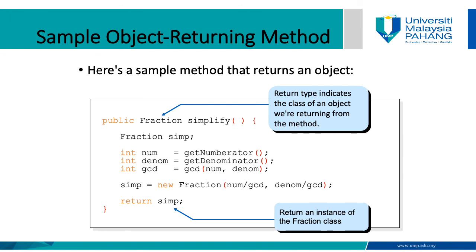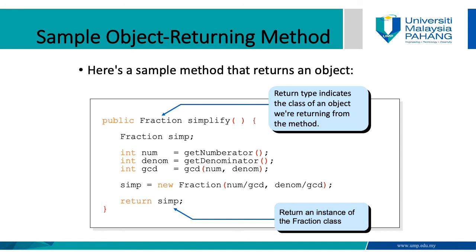So here is the sample of how an object-returning method works. Here we have a public Fraction simplify. The return type Fraction here indicates the class of the object we're returning from the method.